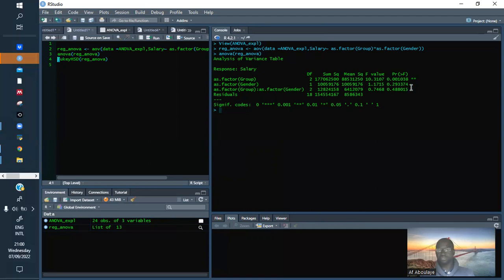Gender is not significant, and the interaction of factor and gender together is not significant. But at least one is significant, so we can do the Tukey HSD test. As I said just before, we have the same variance and the same number of observations, so we can allow ourselves to take the Tukey post hoc test, and now we can just do it.